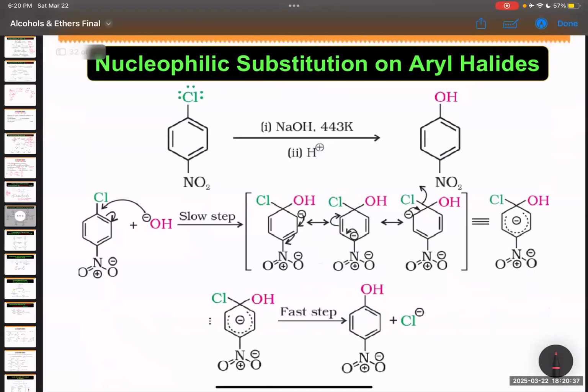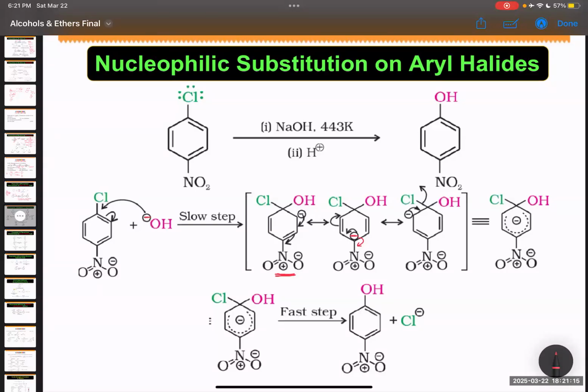So you can see here OH minus is there. This is the mechanism. It comes and joins itself to the carbon atom bearing the chlorine. It pushes the pi bond, you get the minus charge. The minus charge actually circulates. So if it circulates, this NO2 is helping the minus charge to get stabilized because NO2 is present at the para position. So this can come at NO2 also. So this is actually decreasing the energy and increasing the reactivity of the chlorobenzene.